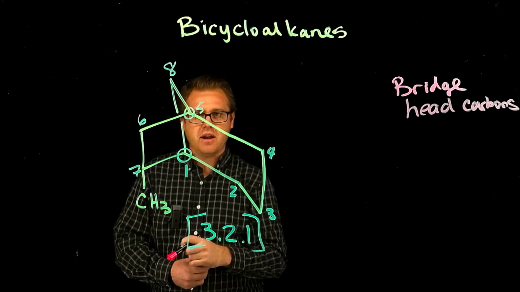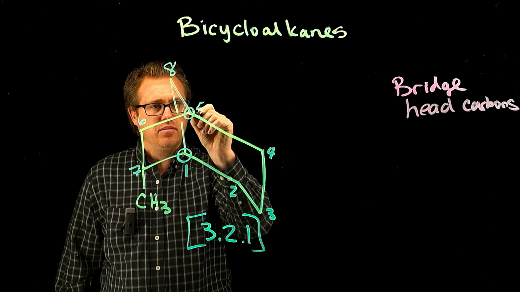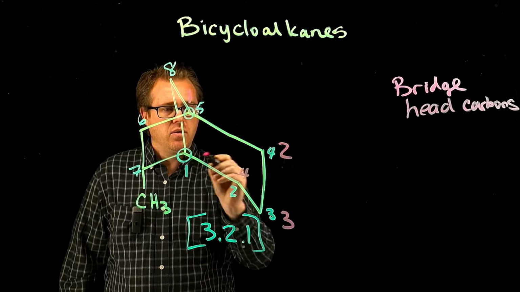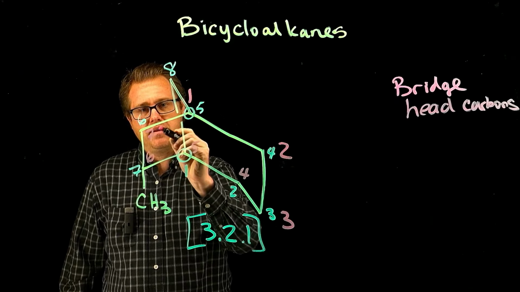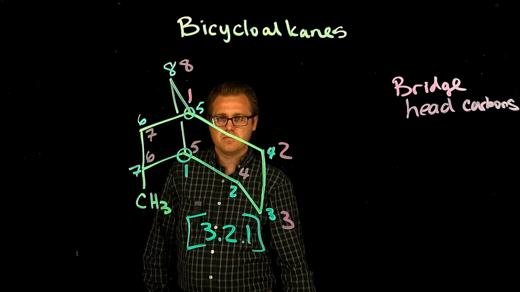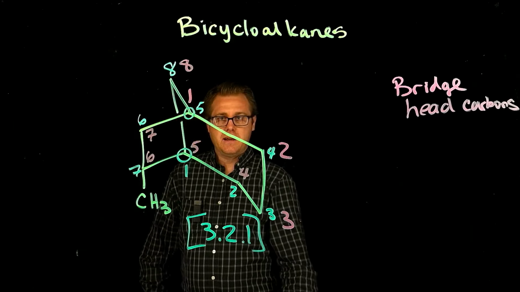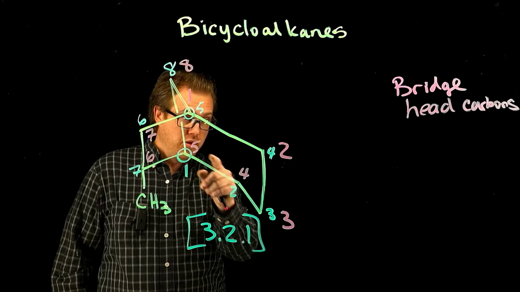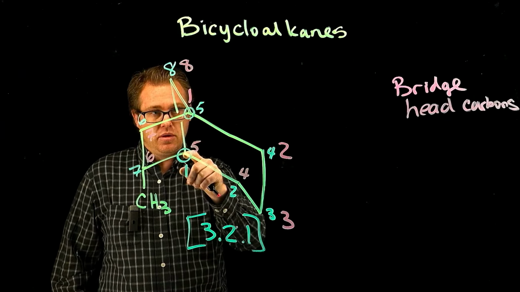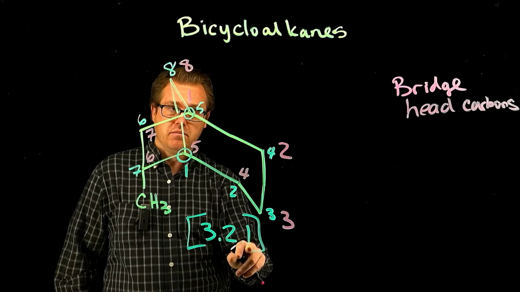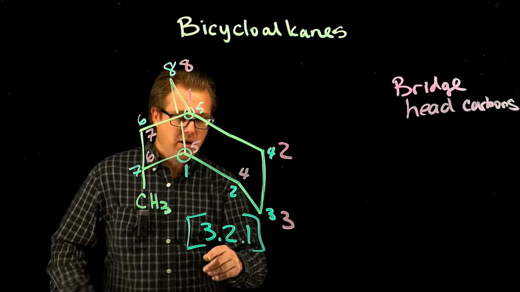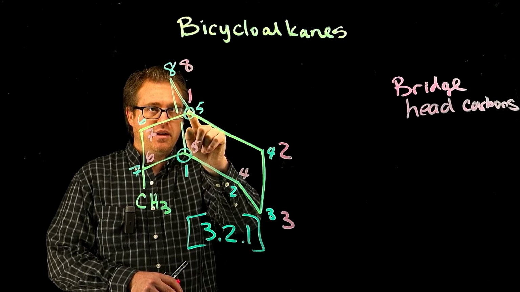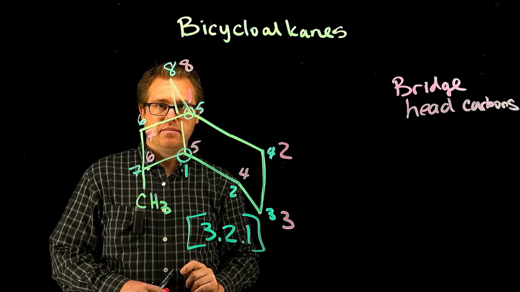Why could I not have started here on this bridgehead carbon? 1, 2, 3, 4, 5, 6, 7, 8. Because when I looked at the path in blue, I did 3, 2, 1, 3, 2, 1. I followed that. But I can also follow that in the pink way as well. Watch. That's the third pathway, second pathway, the last pathway.